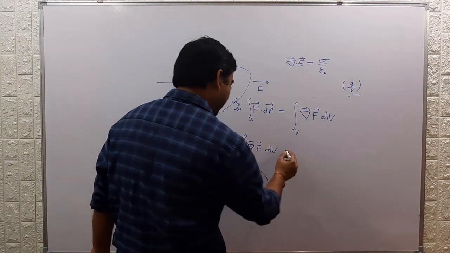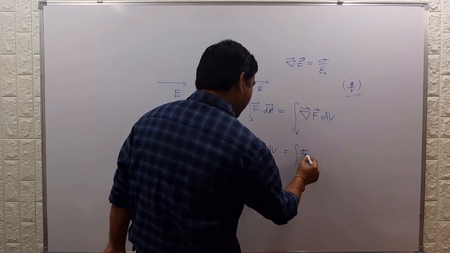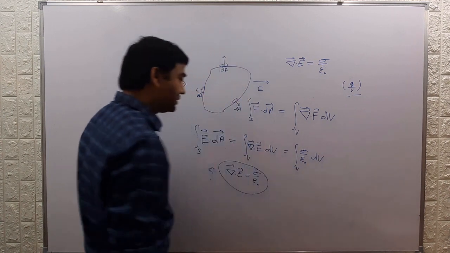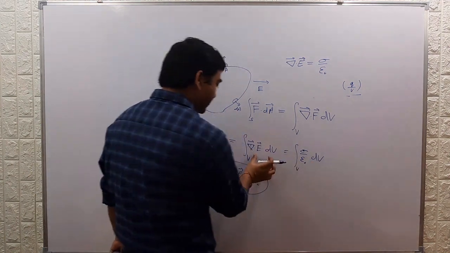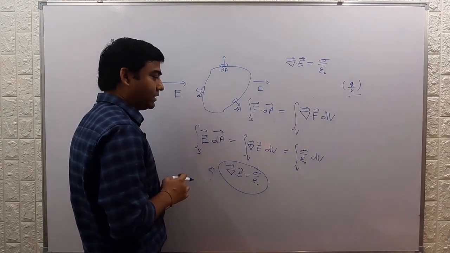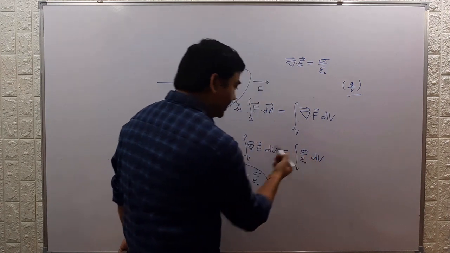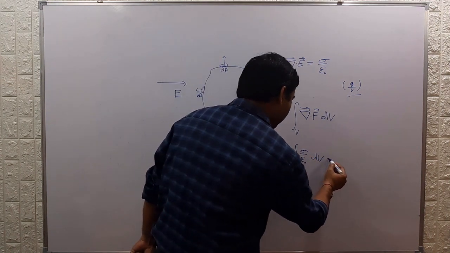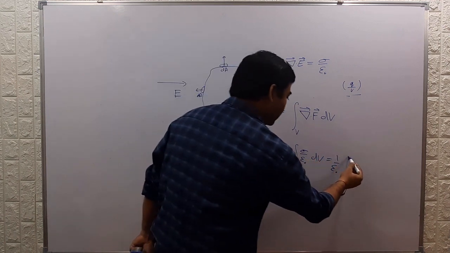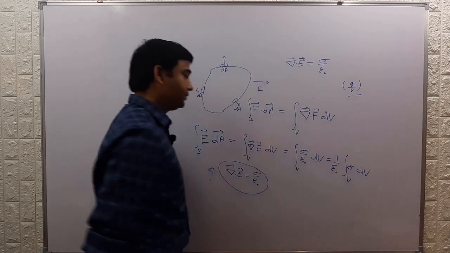So it can be written as the integration of sigma by epsilon 0 dV. So we have written this divergence part with the help of Maxwell's equation in this form. Now this can be written as 1 by epsilon 0 integral of sigma dV for the volume.